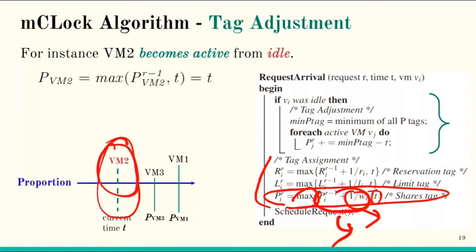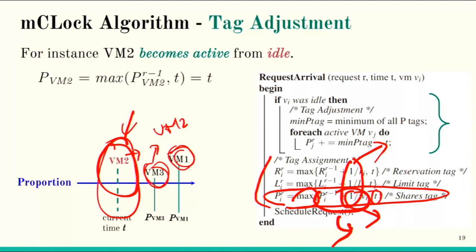So we will always process requests from VM2 for a long period, until it increases by this gap increment interval here. For example, until here, VM2 can then compete fairly between VM2, VM3, and VM1 here. But in that long time, VM3 and also VM1 will get starvation.